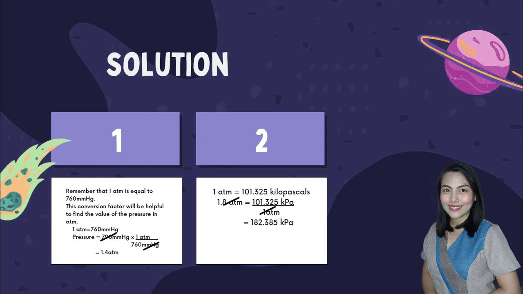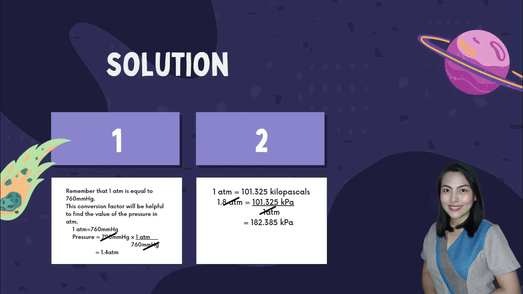So the millimeter mercury unit will be cancelled out, then 790 multiplied by 1 atm divided by 760. So your answer must be 1.04 atm. So the pressure is equal to 1.04 atm.